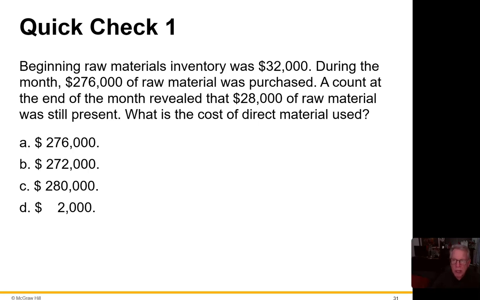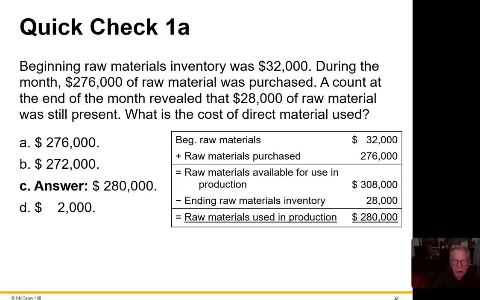And what we do here is we're going to take that $32,000 beginning inventory, we'll add what we purchased, back out our ending inventory, and that is shown here. Here's beginning raw materials. Here's what we purchased. Raw materials available for sale, for production, I should say.